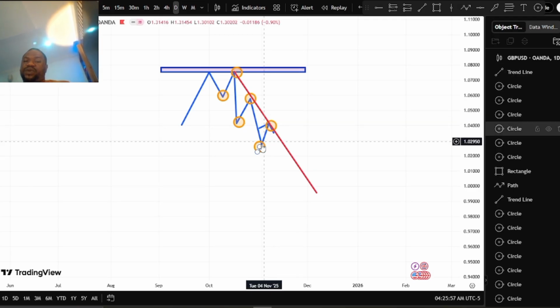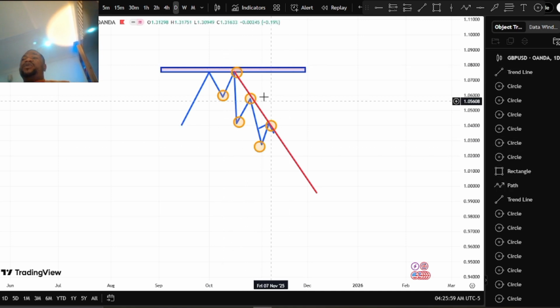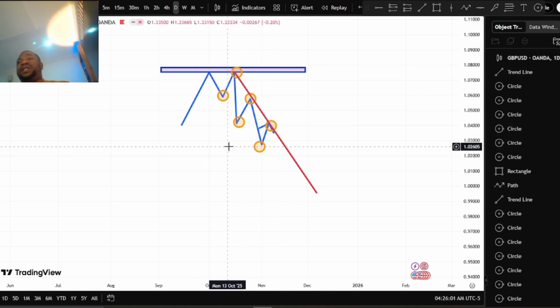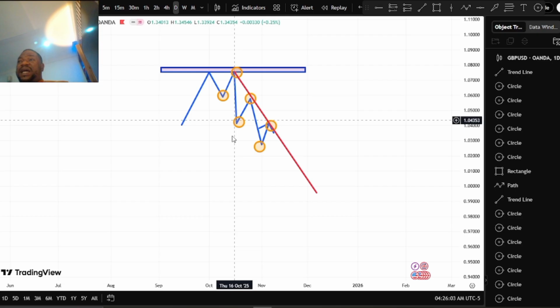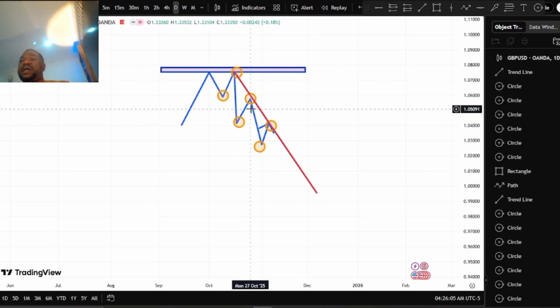Remember that you should identify this structure at least in your daily time frame, and the weekly time frame is also okay. Once you see this in your weekly or daily time frame, you should be looking at your lower time frame for a buy or a sell.